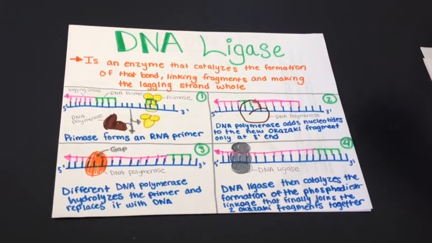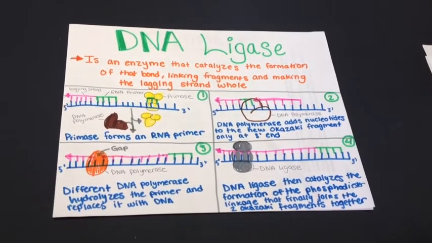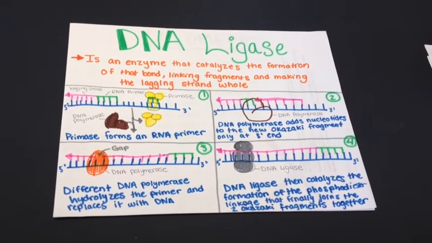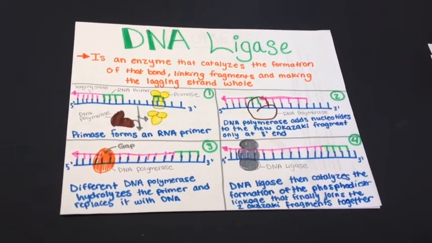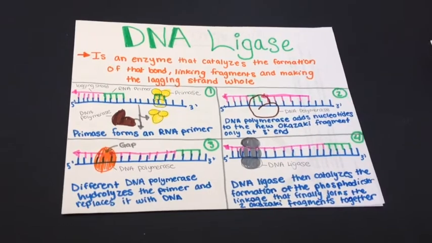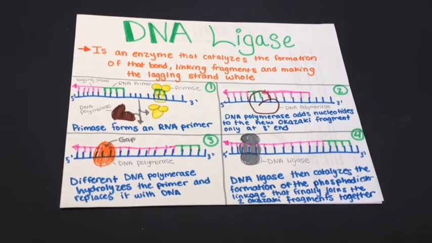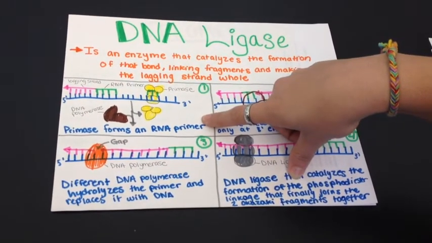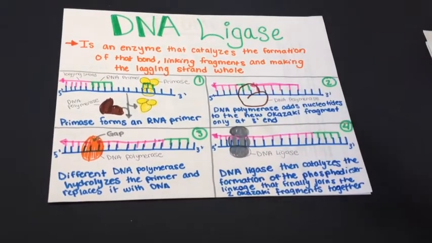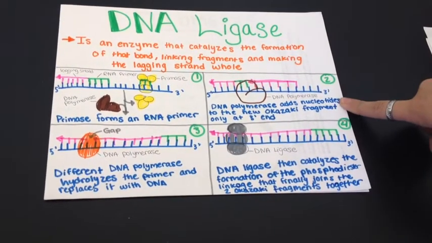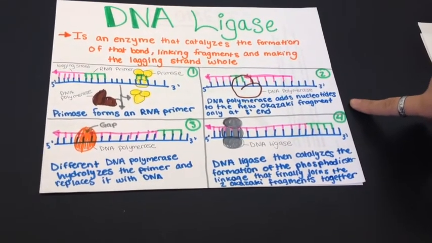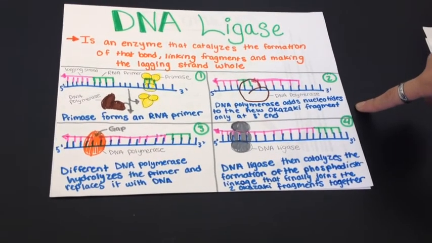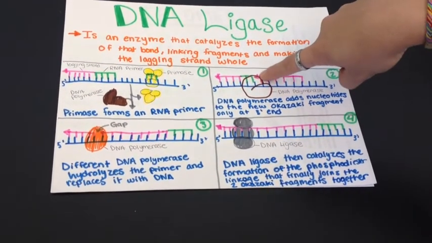DNA ligase is an enzyme that catalyzes the formation of the bond linking fragments and making the lagging strand whole. For this to occur, first the primase forms an RNA primer so that DNA polymerase can add nucleotides to the new Okazaki fragments at the 3 end, like right here.